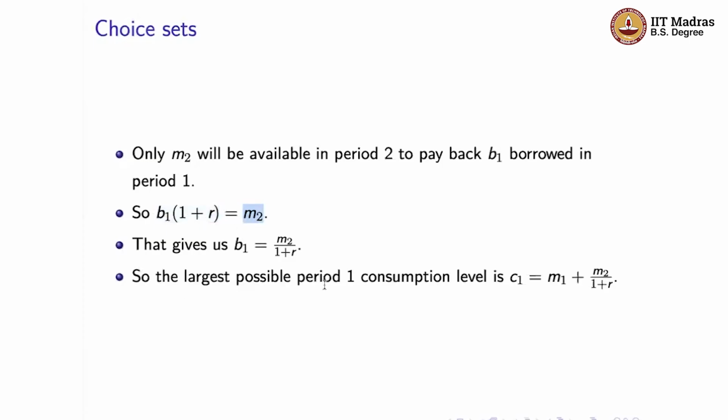So the largest possible period 1 consumption is where you are consuming the whole of period 1 income, plus you are borrowing the maximum possible from the future, and that's given by M2 by 1 plus R, right? Notice M2 by 1 plus R is also a term that you have seen before. This is the present value of your income in the second period, in terms of period 1.